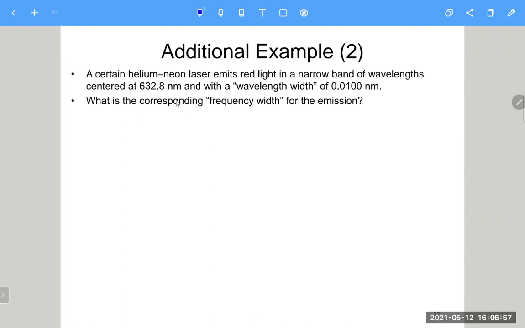Nanometer means 10 to the minus 9th power meter, and with a wavelength width of 0.0100 nanometer. So what is the corresponding frequency width for the emission?